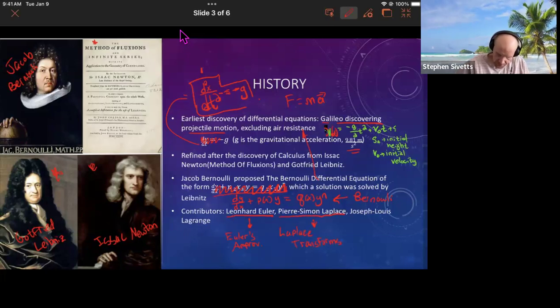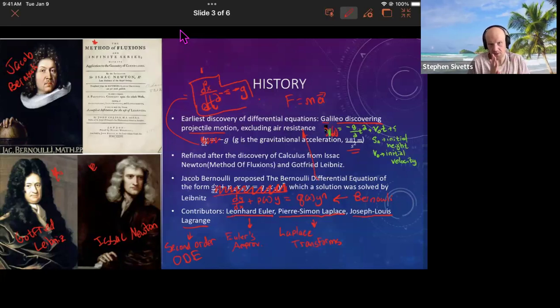And then also Joseph-Louis Lagrange, a French mathematician. His famous work was in second order differential equations, ODEs, ordinary differential equations. We'll go over the different terminologies of how we classify differential equations soon.